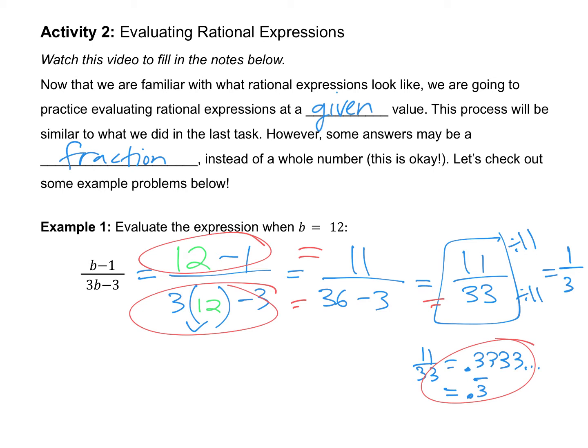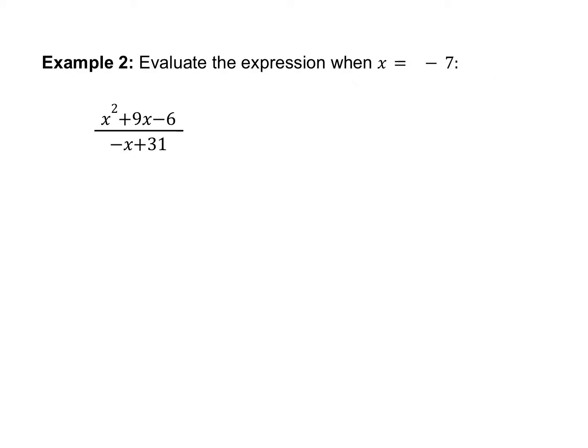If you tried to type it all into your calculator at once, you would need to put parentheses around the top divided by parentheses around the bottom. You might end up with a lot of parentheses and it can get confusing, just like all my scribbling is getting confusing here. So I recommend doing the top separate, doing the bottom separate, and then simplifying if necessary. So let's get another example.